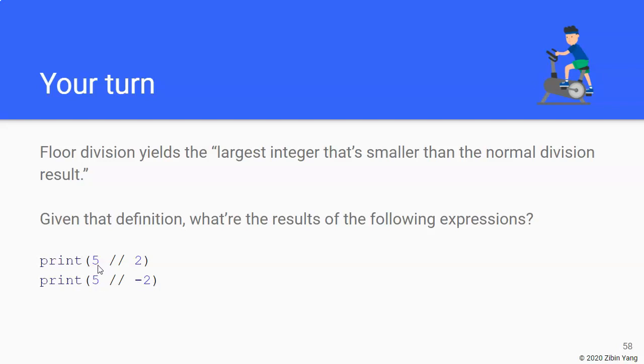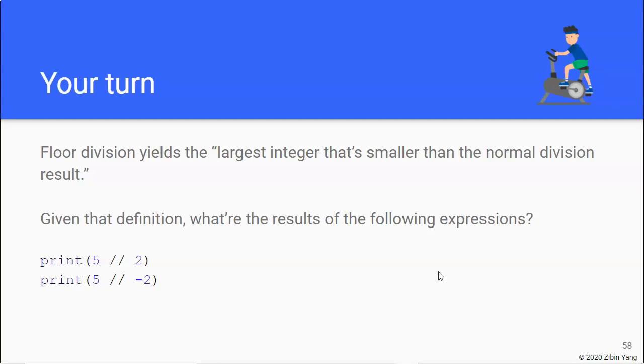Let's try printing out 5 double slashes 2 and 5 double slashes negative 2. And obviously before you run this code, you should figure out by hand what they should give you, and then run the code and see if it matches your expectations. So please pause the video and give this a try.